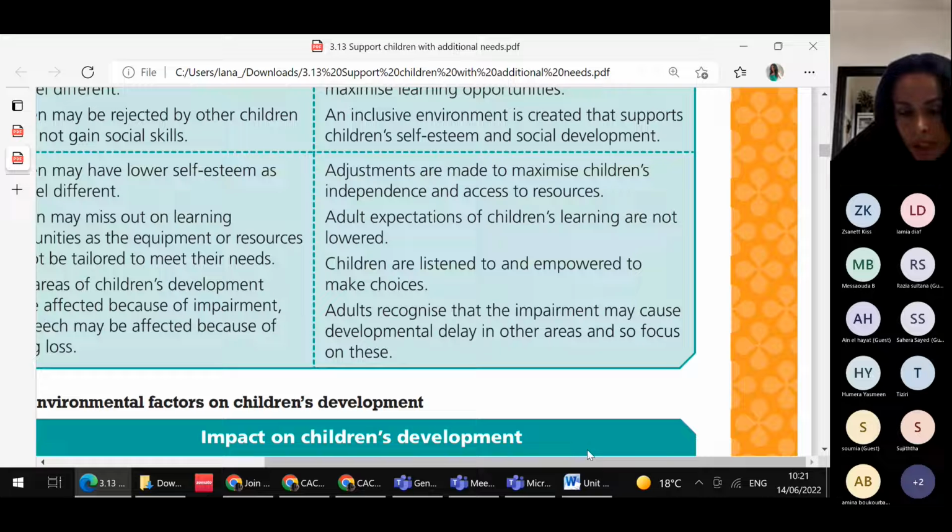And also the children need to be empowered, so we can encourage them. We can help them to make choices rather than enforce something on them. That will build their self-esteem. Also, for us as adults, we need to recognize these difficulties for the child.